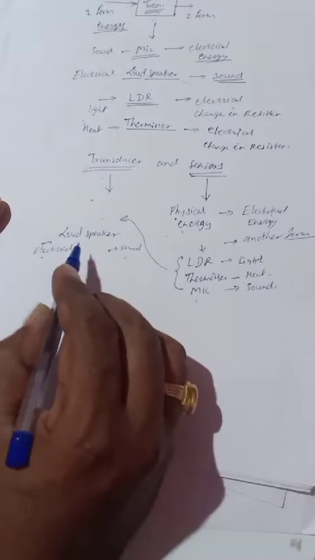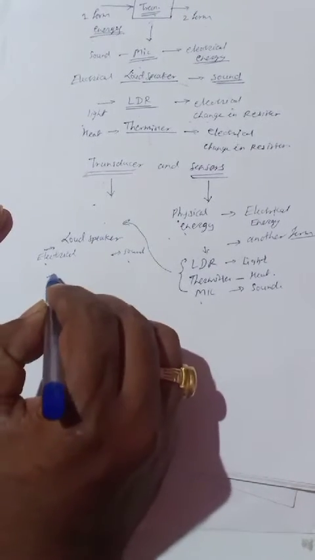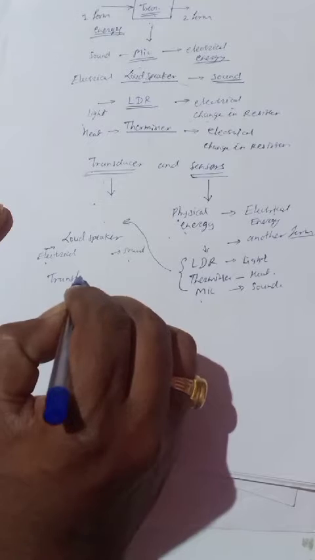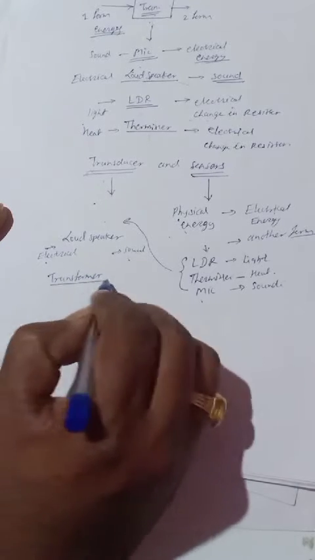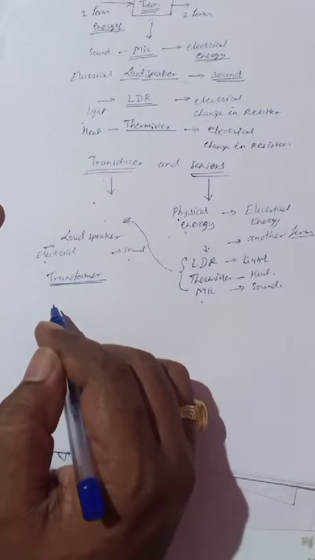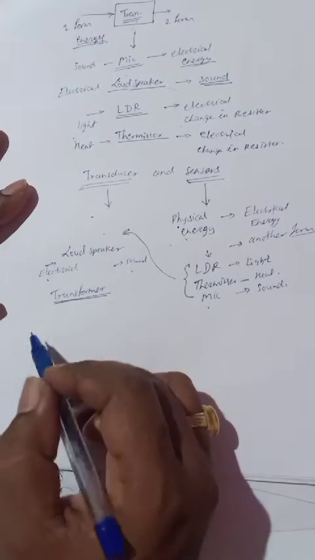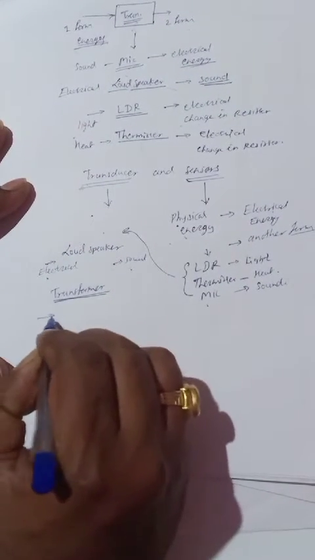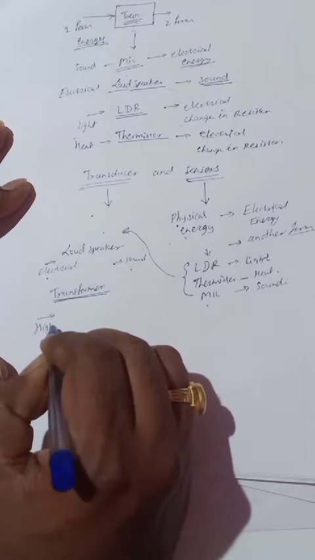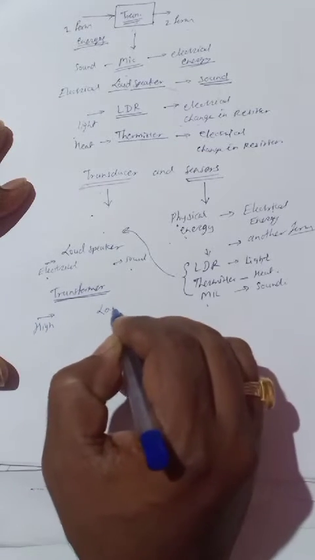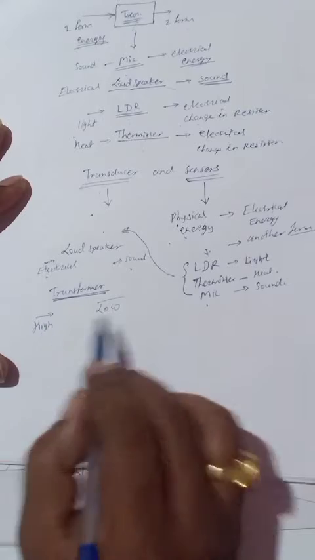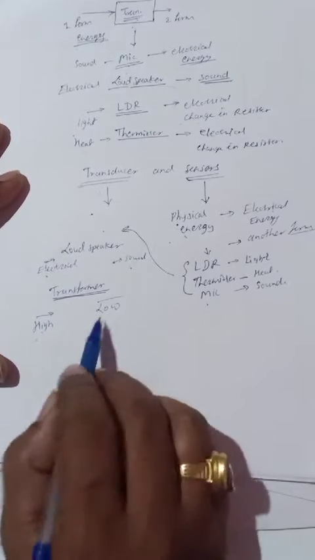Another transducer we can mention here is the transformer. It is some kind of transducer because it converts high energy into low energy or low into high energy. It transfers the energy from high to low or low to high.